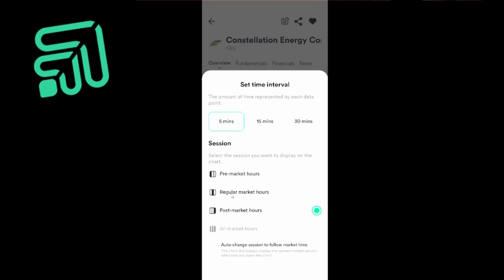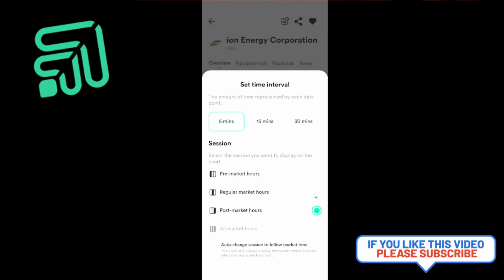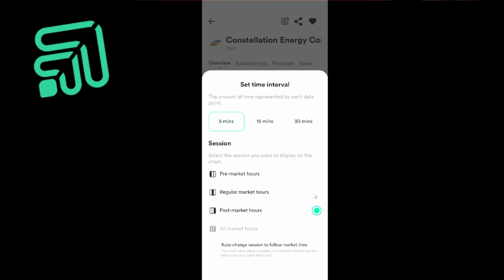So if it's 9 a.m. in New York, or 9:30, which is the start of the trading day, you go to regular hours, but that would be 9:30 p.m. here in Manila and Kuala Lumpur, Taipei, Singapore, and in Jakarta. So that's the time frame if you're going to trade during regular hours.